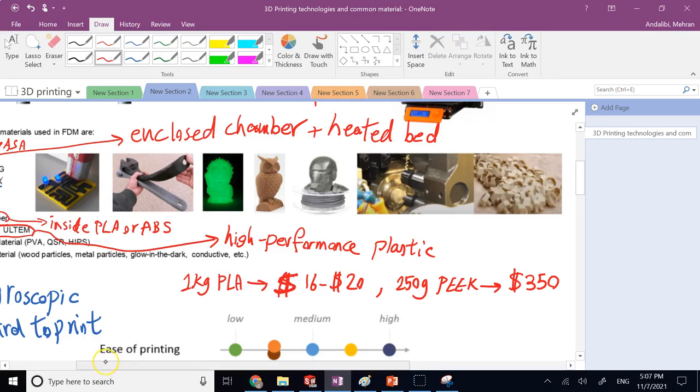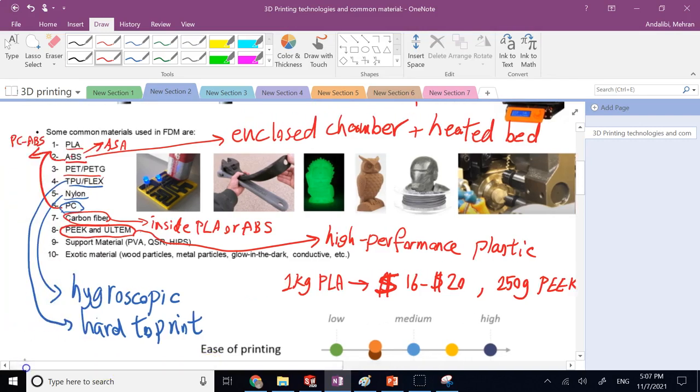And you might say, well, that's just a plastic. What makes it such an expensive plastic? Well, it's the mechanical properties. PEEK, if it's printed properly and you have a good printer, can show mechanical properties comparable to aluminum.